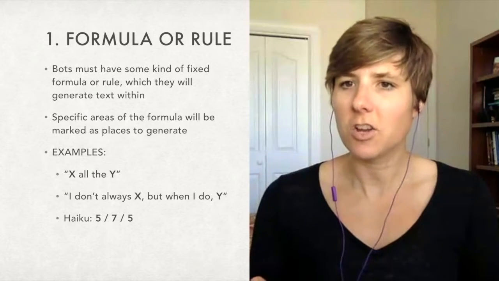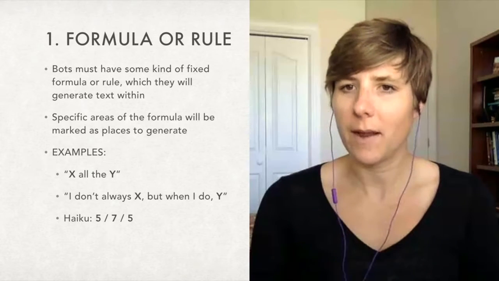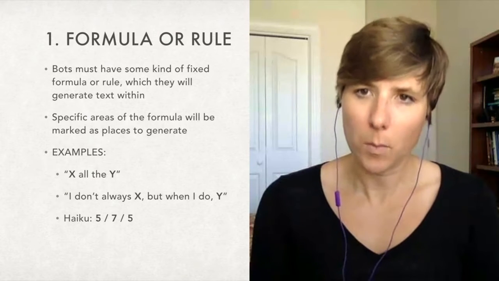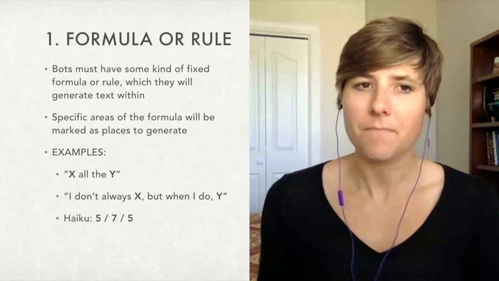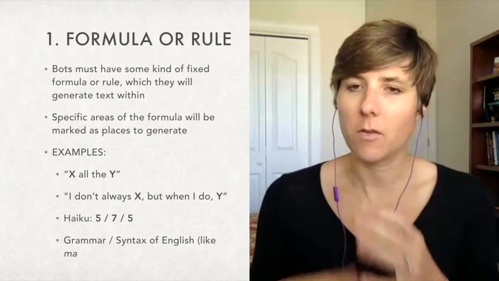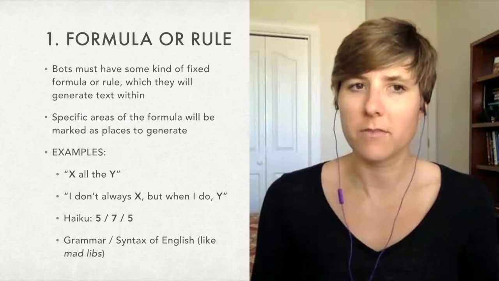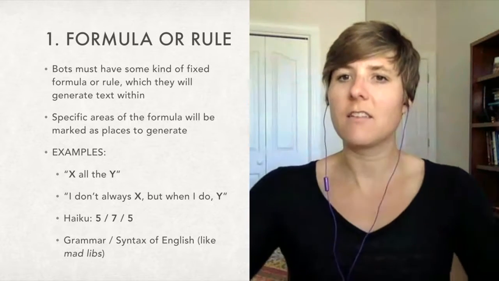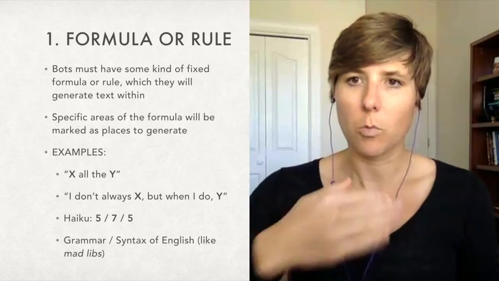That's a version of an early story generator, based on paper, because you just randomly write in the words that can go in, but according to a certain formula. In this case, that formula is the way that English grammar works, that there are only certain words that can fit in each of these spaces according to the rules of grammar. So this is the first step: the formula or the rule that your generator needs to work within.